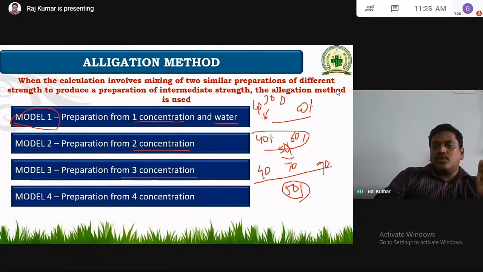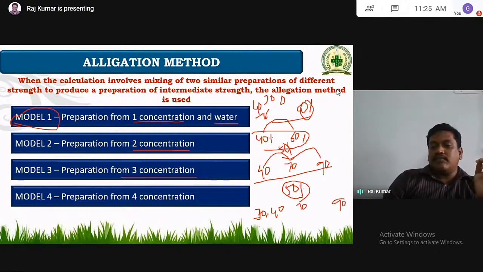So the first one is one concentration with water. The second one is you have the availability of 2 concentrations. The third one is you will have 3 concentrations available. The fourth one is you have 4 concentrations. For example, 30, 40, 70, 90.